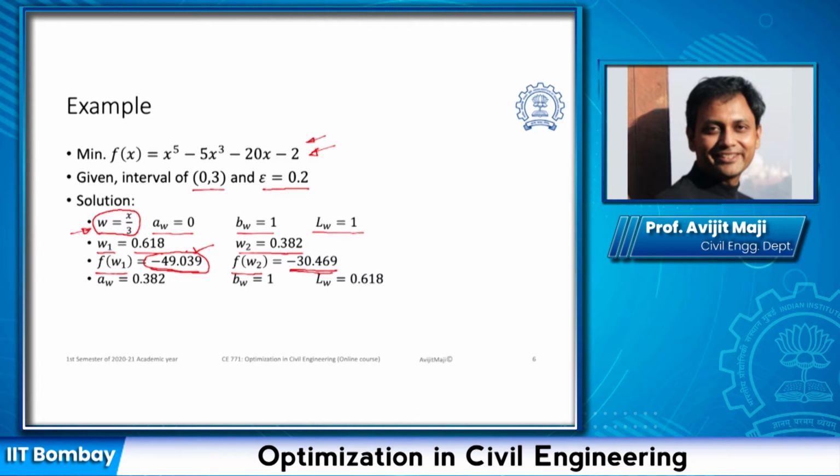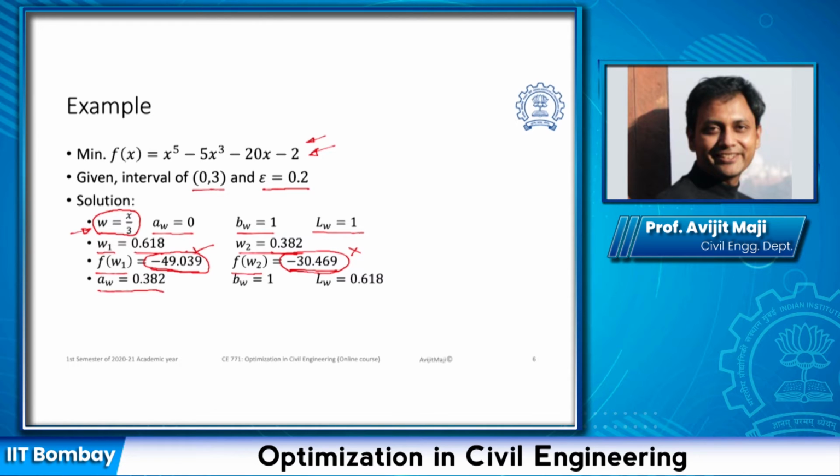However, this side is not good, which means the region on the other side we can actually eliminate, and hence this side was 0.382, and prior to that we had 0, so we can move the boundary from 0 to 0.382.